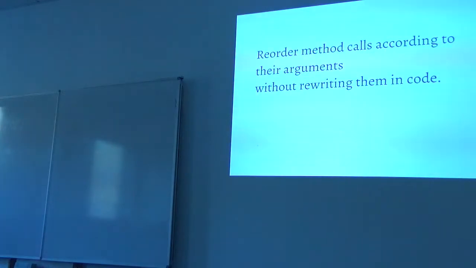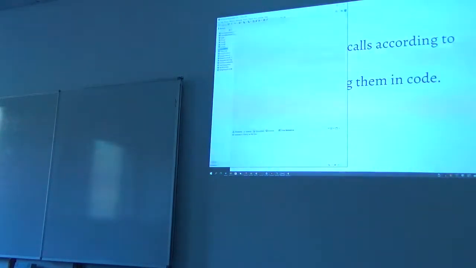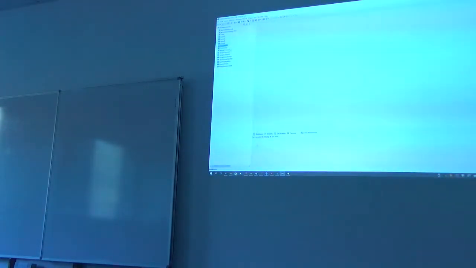We'll do this through examples, and the first example we're going to look at is this one. Imagine you would need to reorder method calls according to their arguments without rewriting them in code. Let's jump directly to code, to see how the situation looks.